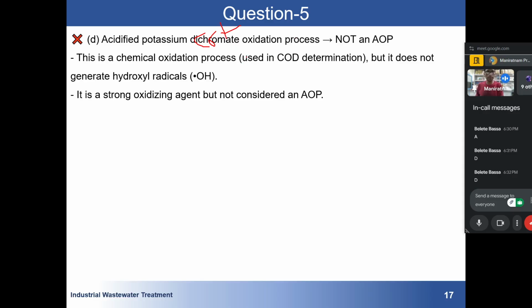So if you have gone through the environmental engineering lab, then there you must have used this acidified dichromate in COD, that is chemical oxygen demand.